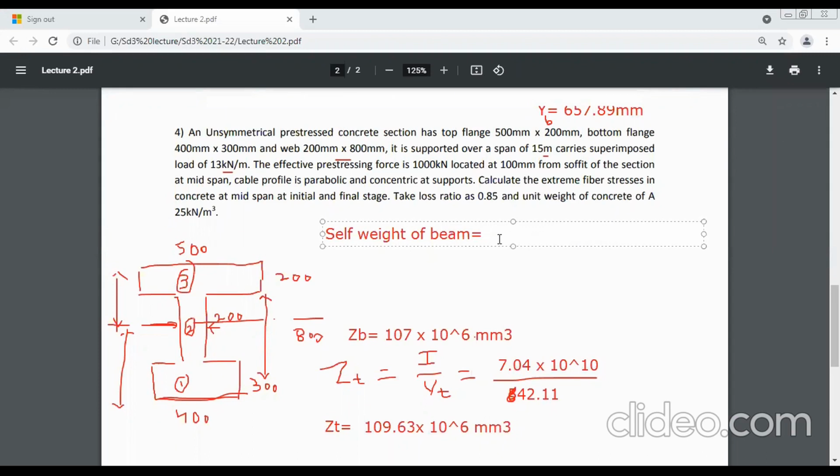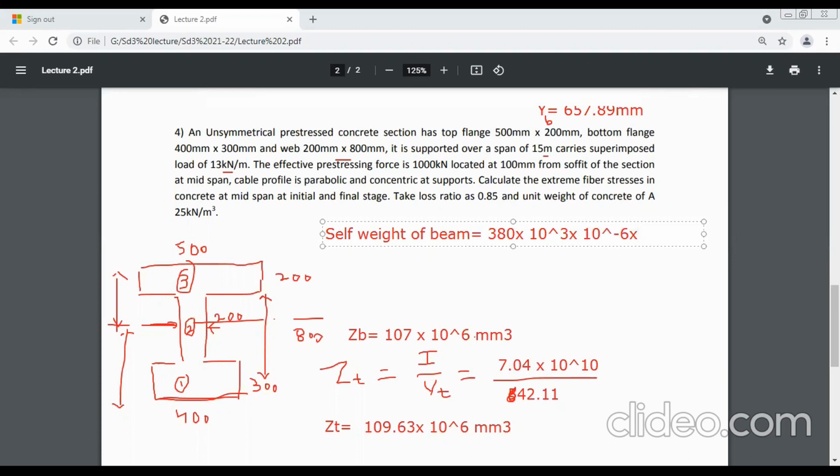It is 380 into 10 to the power 3 mm square. To convert mm square, multiply by 10 raised to the power minus 6, into unit weight of concrete.